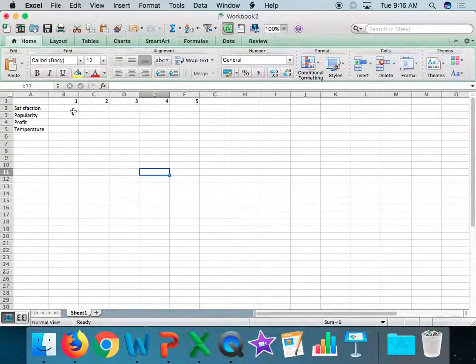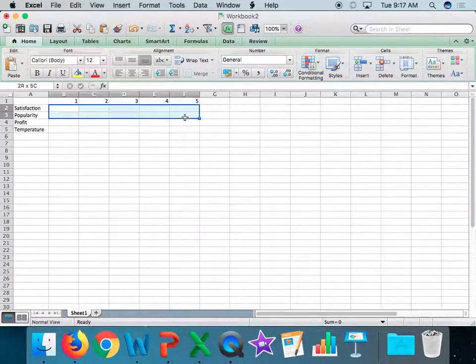And now we're going to go ahead and put our data in. Now, satisfaction and popularity. How was that measured, ladies and gentlemen? How did we measure that information? Yes. Percentages. So we need to change this to be percentage. So I'm going to highlight my cells that are under satisfaction and popularity.